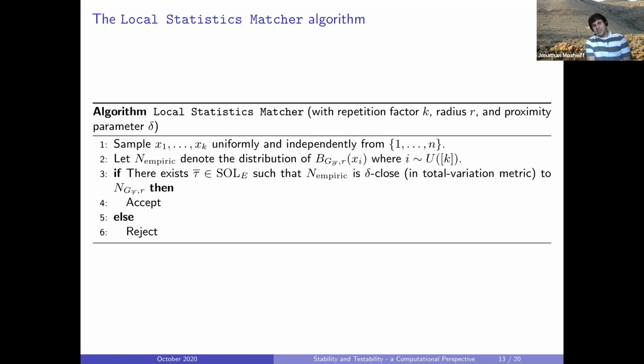A second answer is that I do believe, and this is something we haven't looked into enough yet, that for some more structured systems of equations, this generic step of checking the distance of an empiric from the actual distributions of the solutions can be done much more efficiently than this exponential time algorithm.